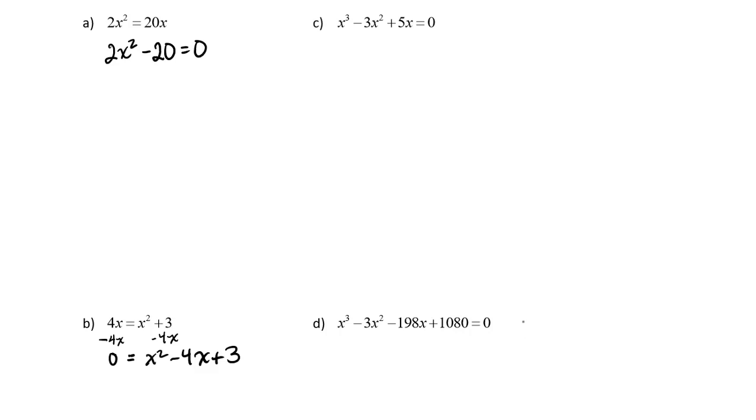So we want to find out when all of these polynomials are equal to 0. So we're finding the zeros of these polynomials. That happens when the function crosses the x-axis. So that's where your zeros happen.